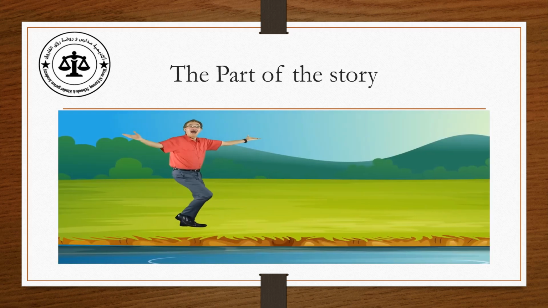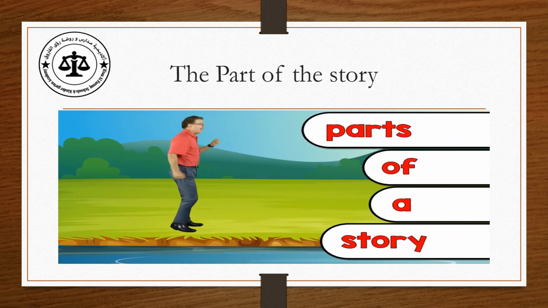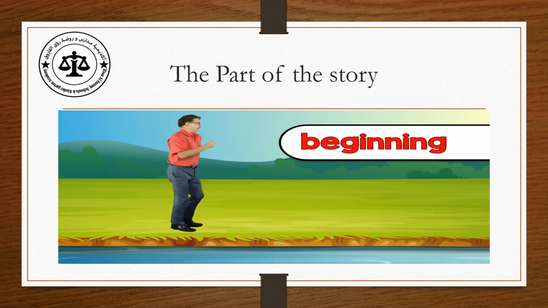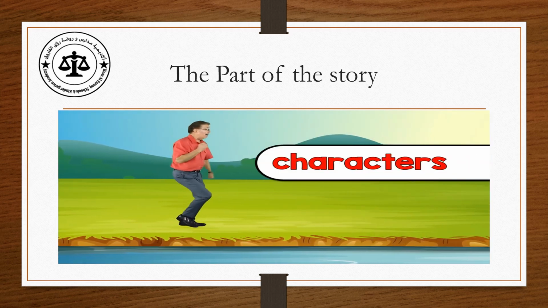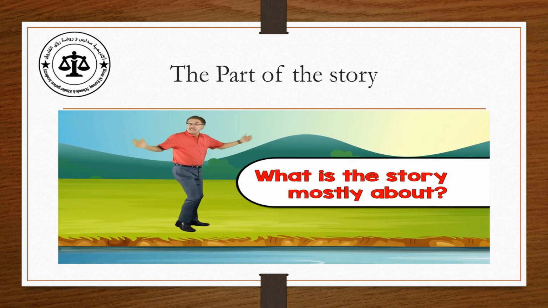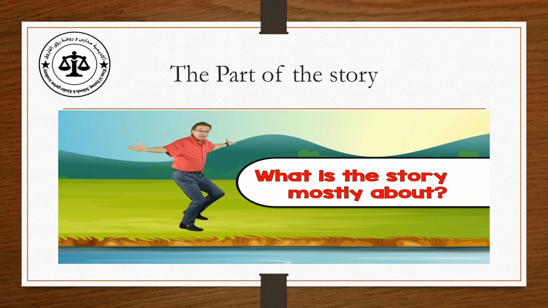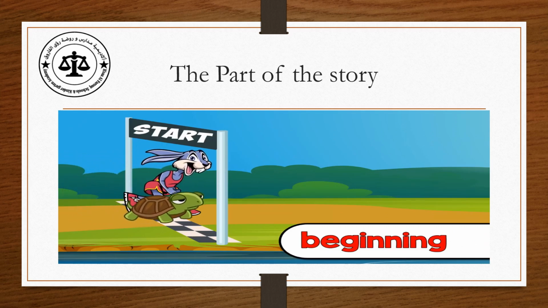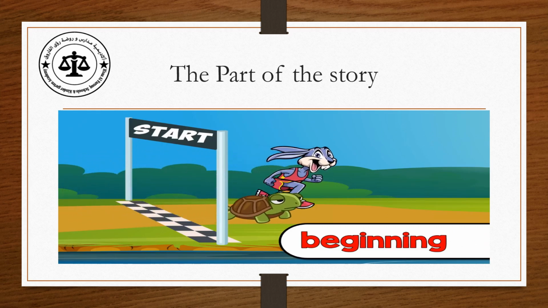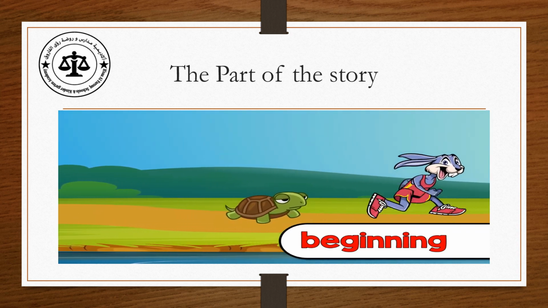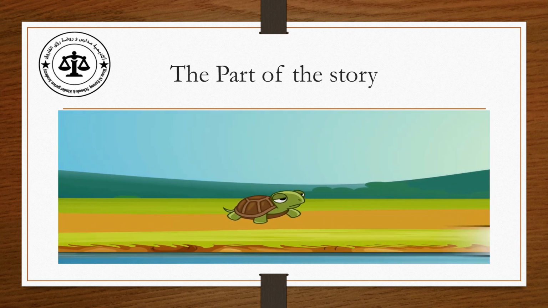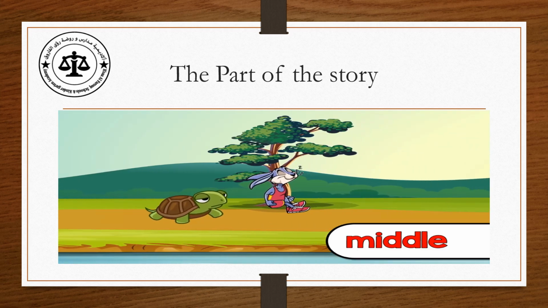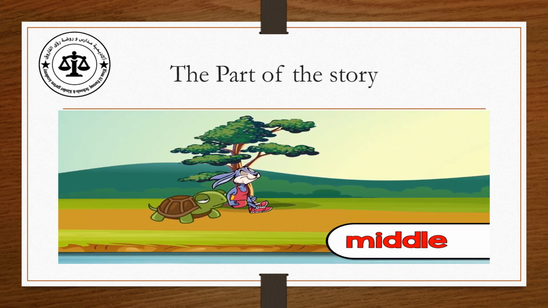Let's sing about the parts of a story. Keep them on your mind as you read and write. Beginning, middle, end, characters and setting. And what is the story mostly about? The beginning is when the story starts. The beginning is when the story starts. The middle is what happens next. The middle is what happens next.